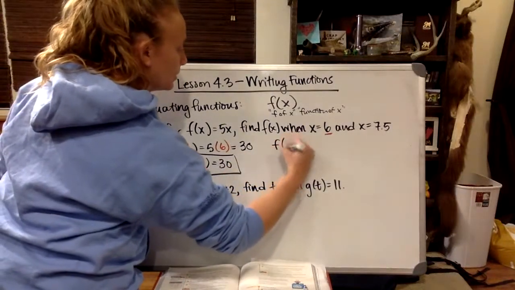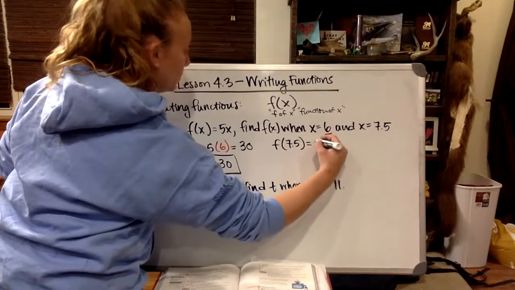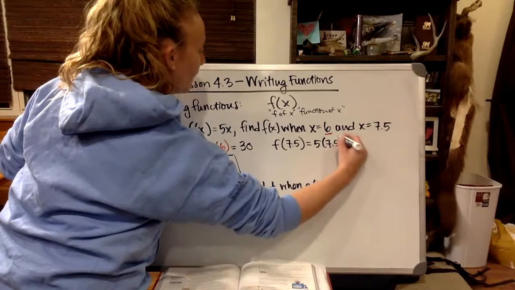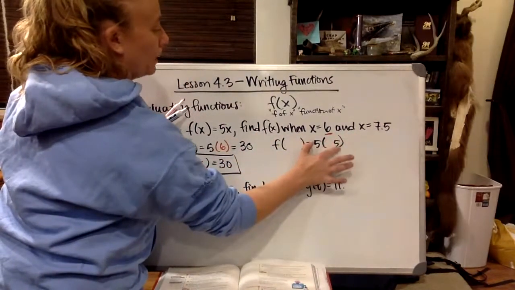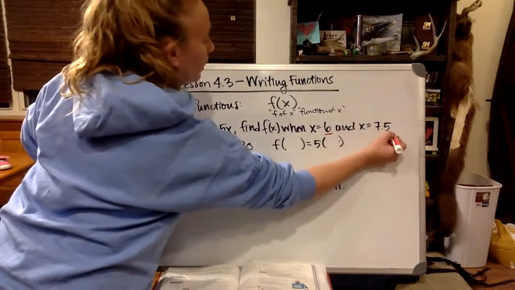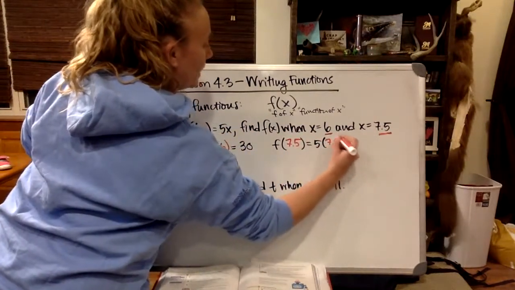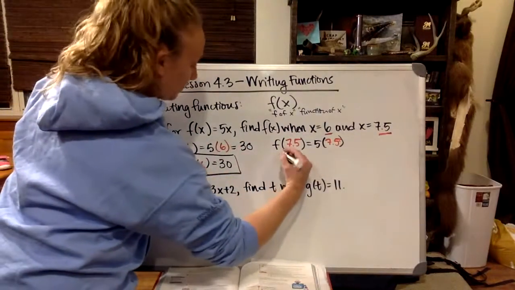I could also do this same one over here. F of 7.5 is equal to 5 times 7.5. And I should technically be drawing this in red to make it very clear that this is something I'm putting into this function. So now I can do this work.